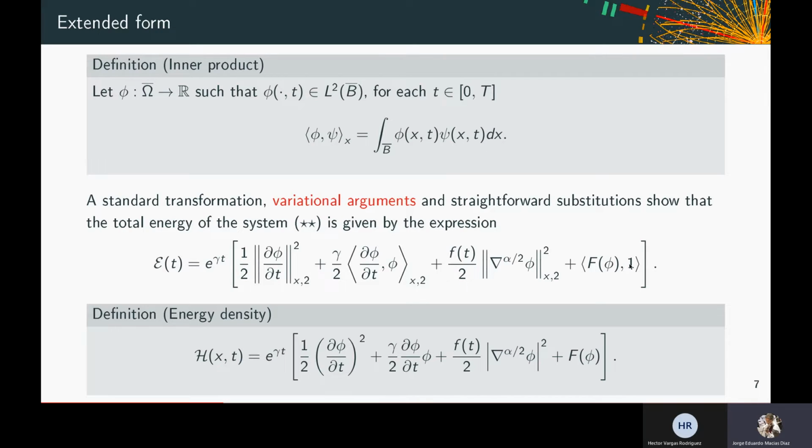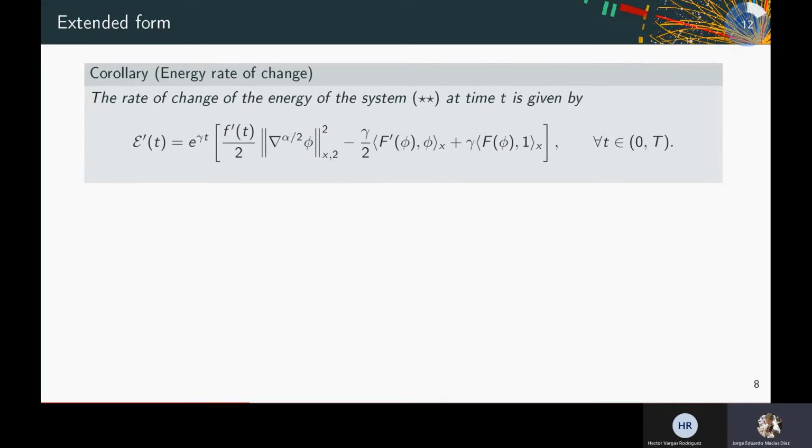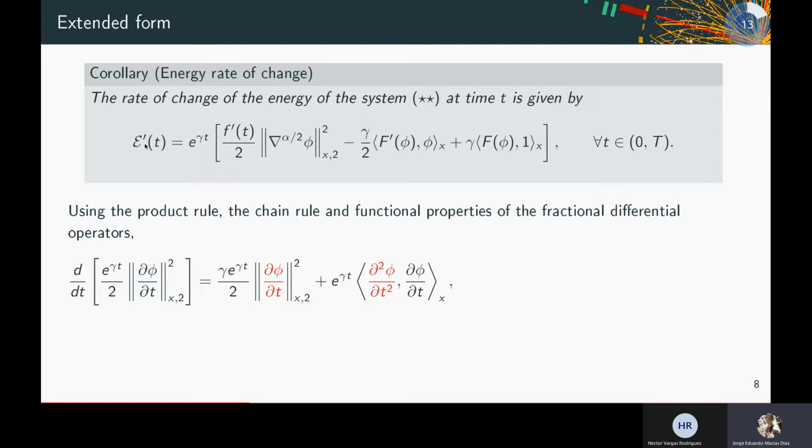This is the energy associated to our system. The energy density is just going to be the integrand in this expression, which is going to be given in this form. Okay, and we have this corollary that states that the derivative of the energy with respect to time is given in this form.